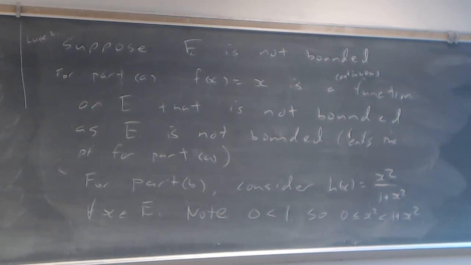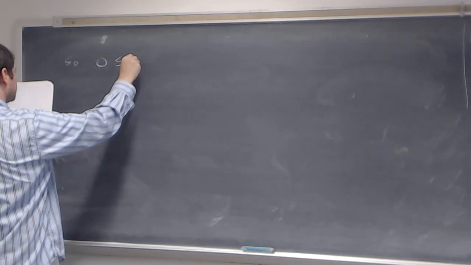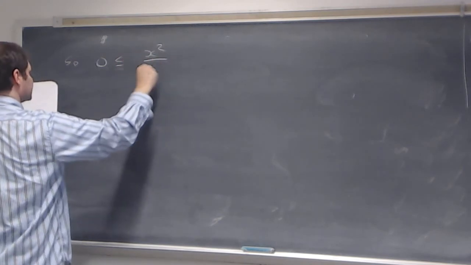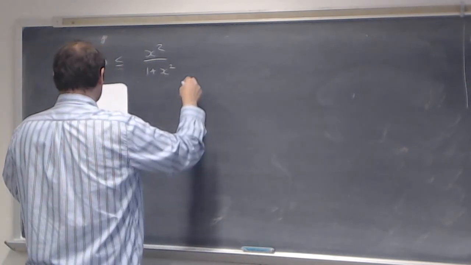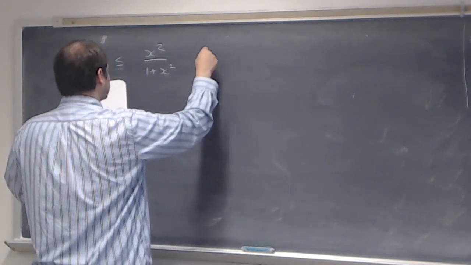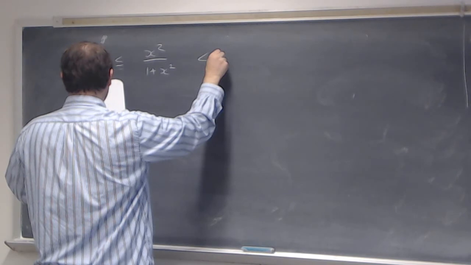So we're doing work like we did before with that function g of x. So 0 is less than or equal to x squared over 1 plus x squared, which is going to be less than 1.